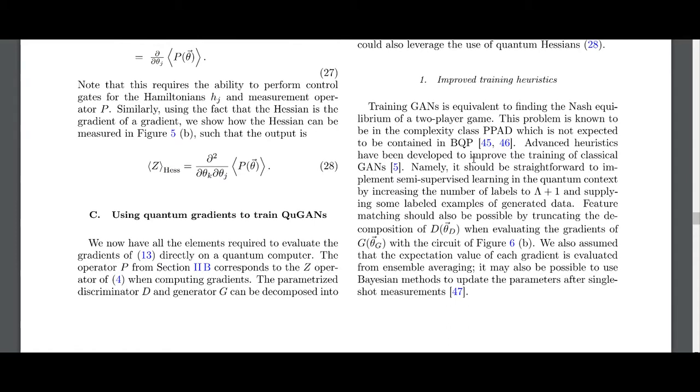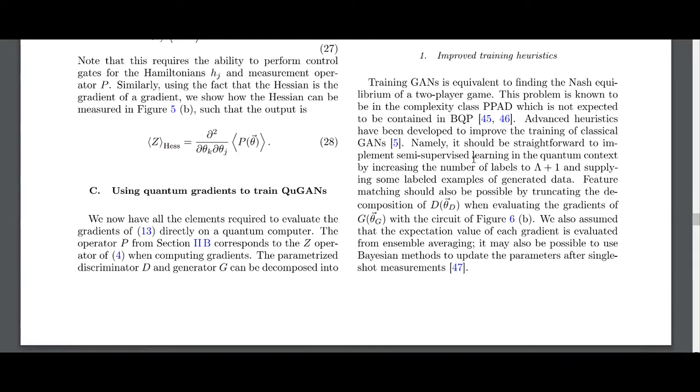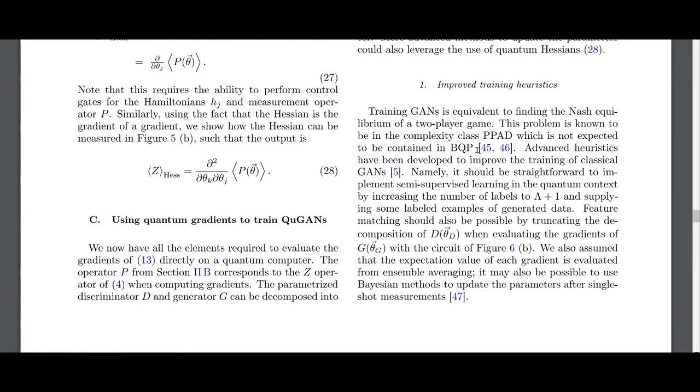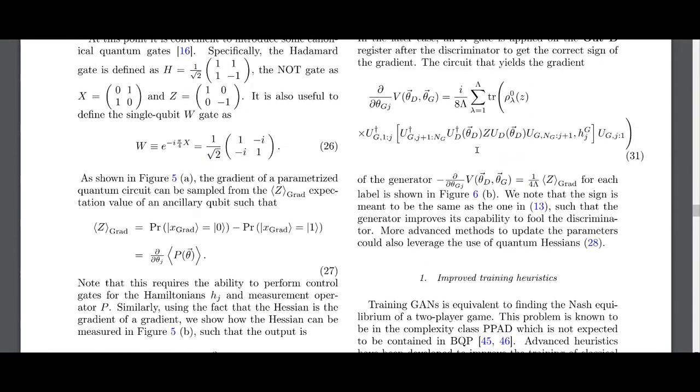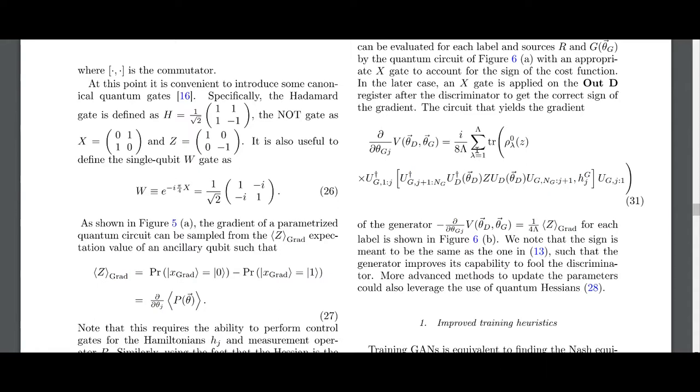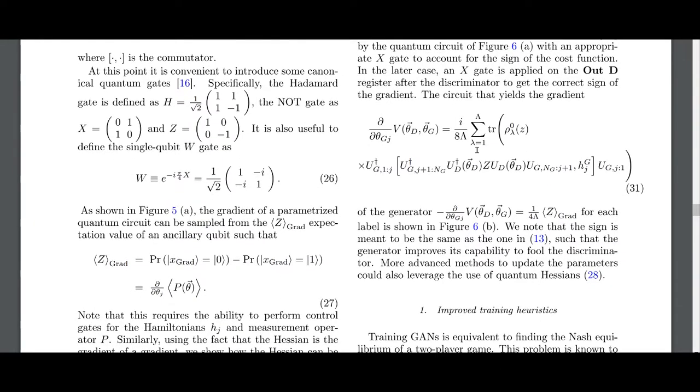So we also see that the expectation value for each. Where was I? We know that the sign is.